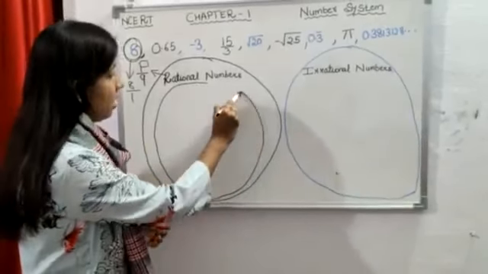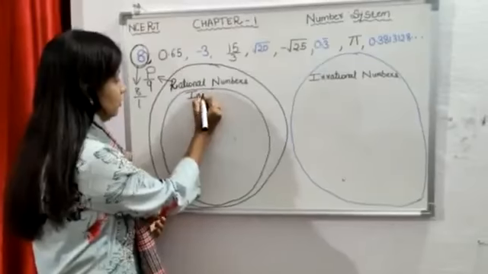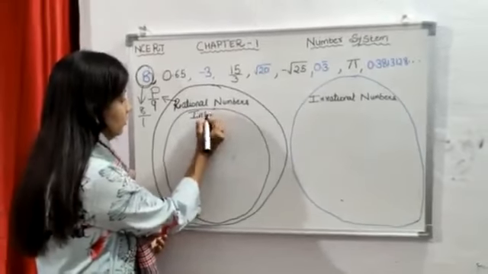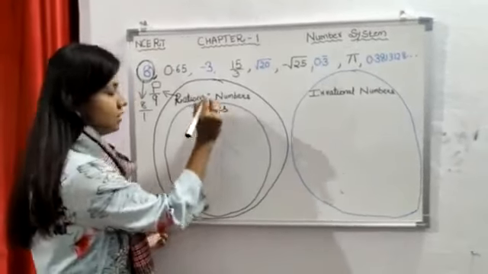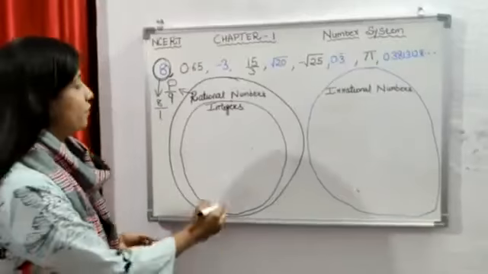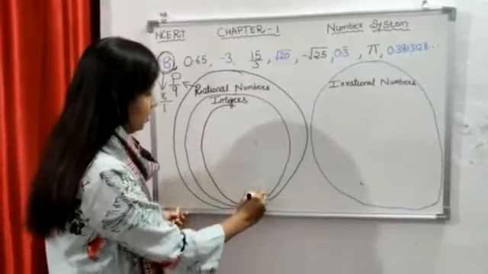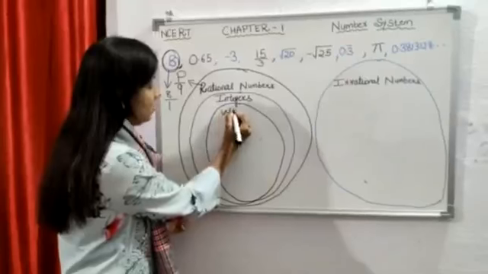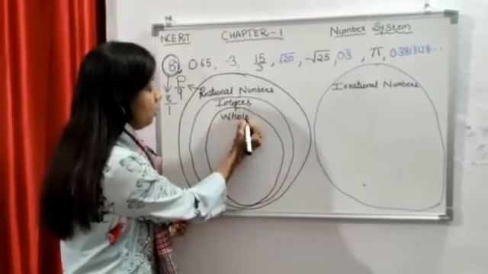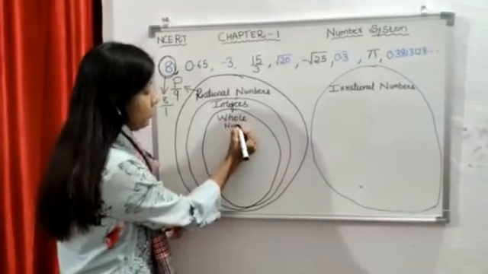Here I am having integers. And a subset of integers is the whole numbers, or I can say that all non-negative integers are whole numbers.